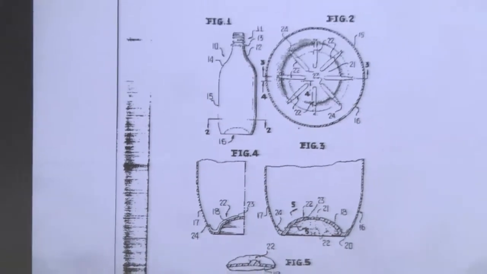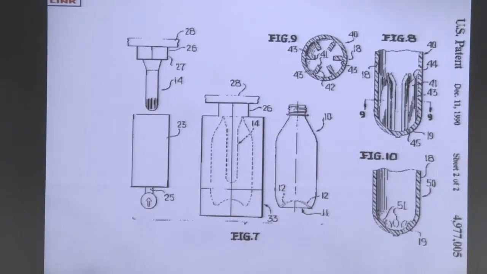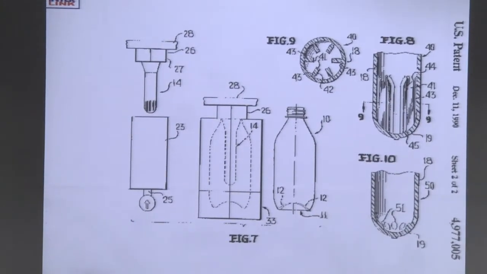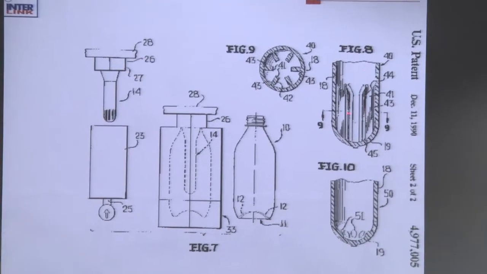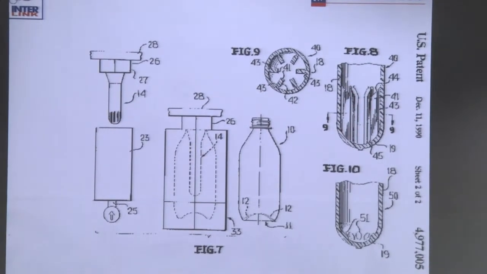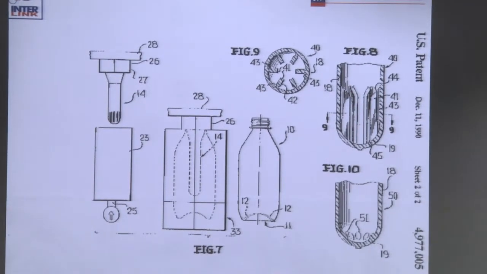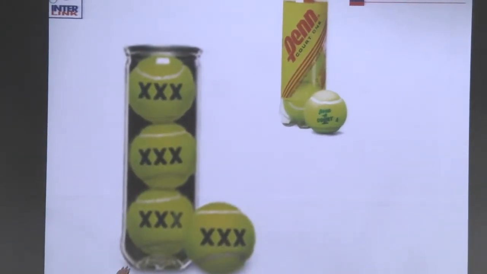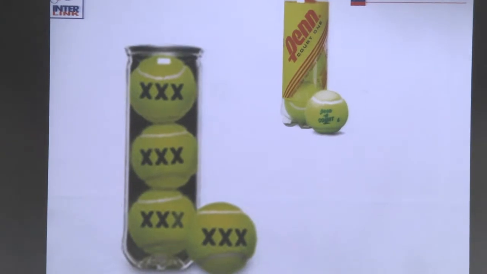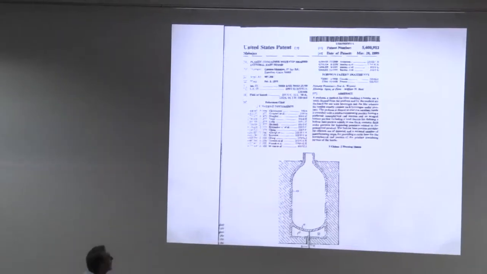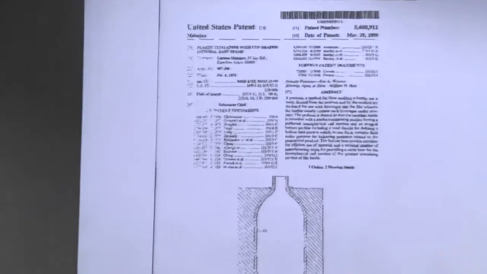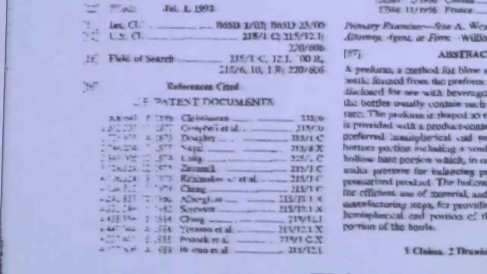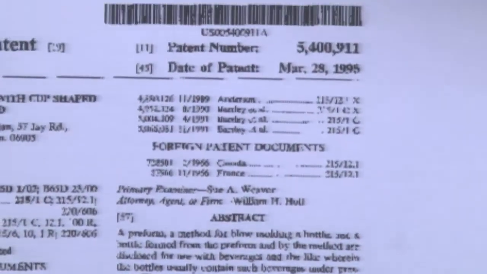These are some of my patents. This patent I'm very, very proud of. It has ribs in the preform and it blows a ribbed bottom, and we use this for tennis ball cans. Then I decided, why don't we make a bottle with an integral cup in one go, without having to put a second base cup on.